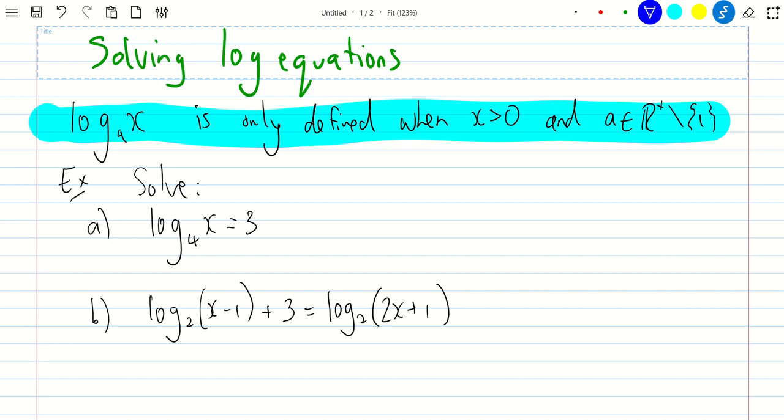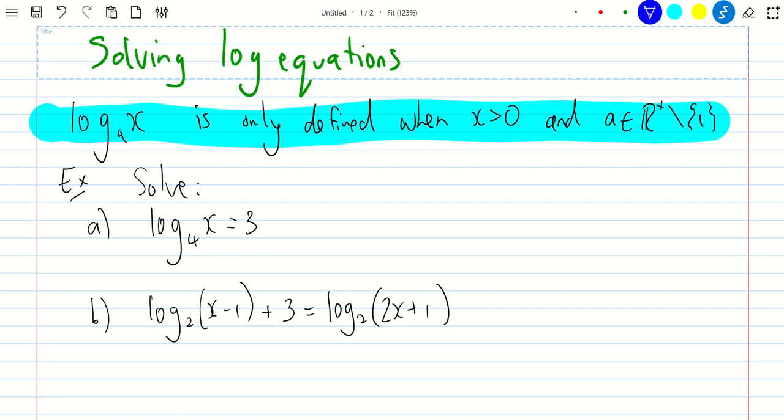Sorry, just before we start, that's a terrible a down there, but for log base a of x, the only time it's defined, if you think about this, is when x is greater than zero. It can't be equal to zero, definitely not. And it can't be negative, because you can't get a negative number if you raise a number to a power.